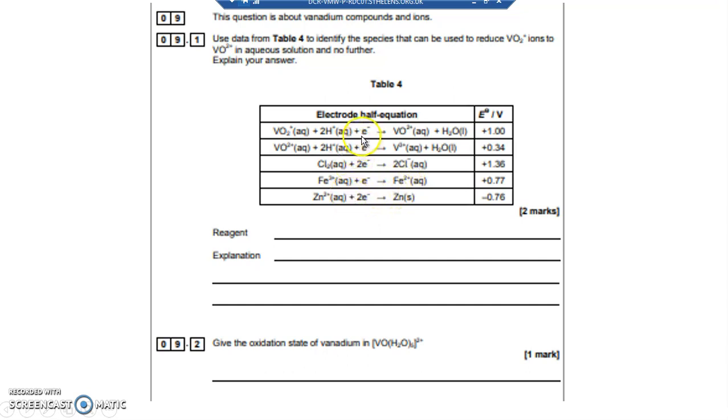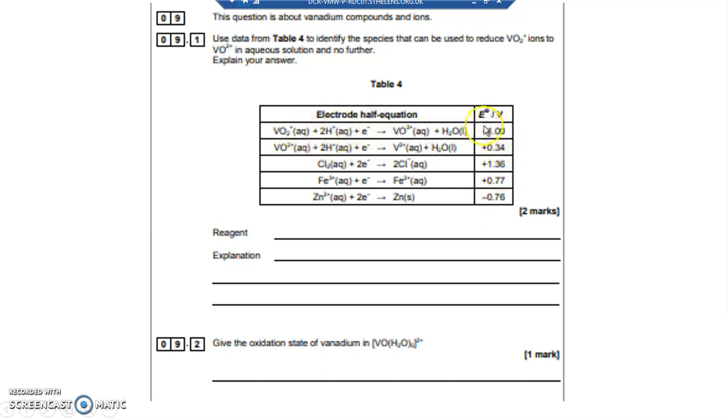So there's electrons on the left-hand side of this one. This is reduction. These would have to be turned into oxidation and go the other way around, and these figures would become minuses, or this one will become plus.